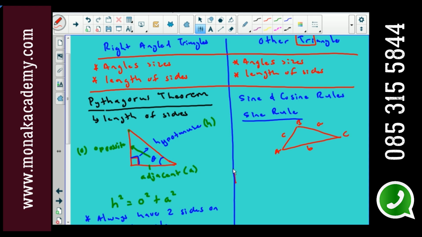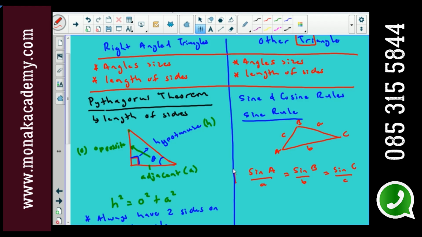So the sine rule says the sine of angle A over the side a will always be equal to the sine of angle B over the side b, and it will always be equal to the sine of angle C over the side c.